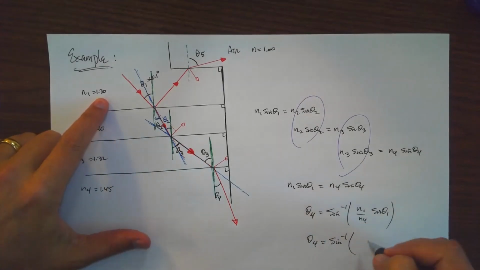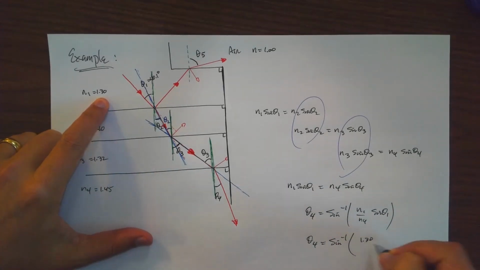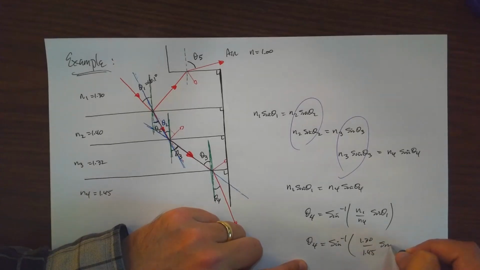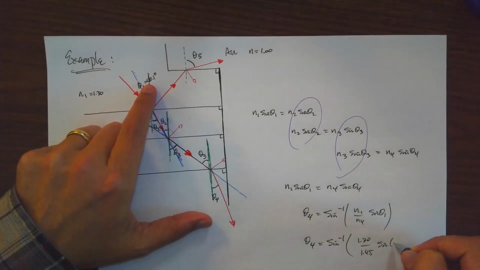So my n1 was 1.30. N4 was 1.45. Sine of my 40.1 degrees.